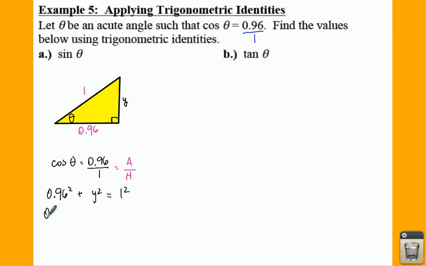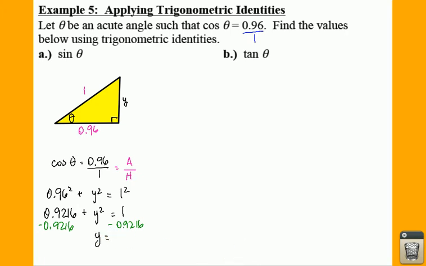So we get 0.9216 plus y squared is equal to 1 squared, which is just 1. Subtract 0.9216 from both sides. So then we get y squared is equal to whatever 1 minus that is.